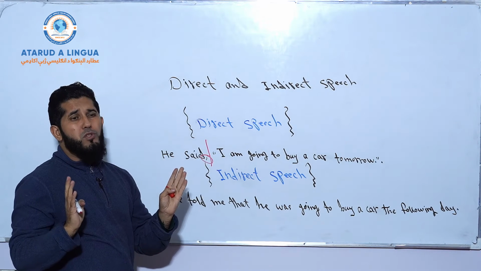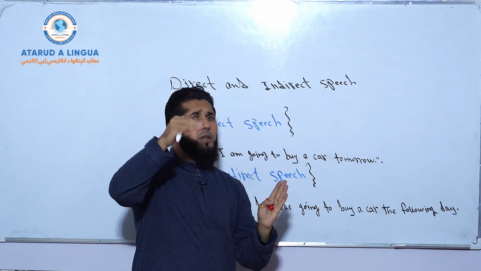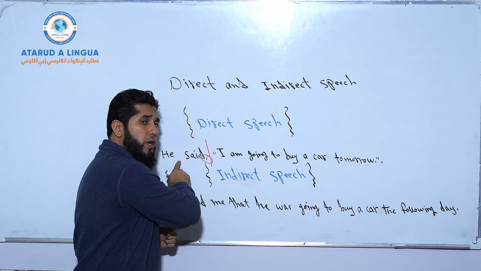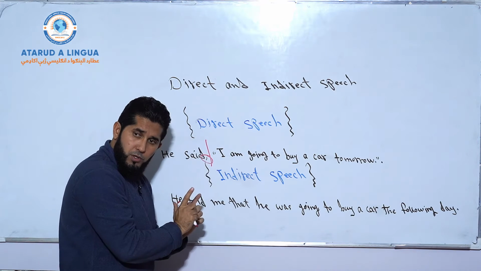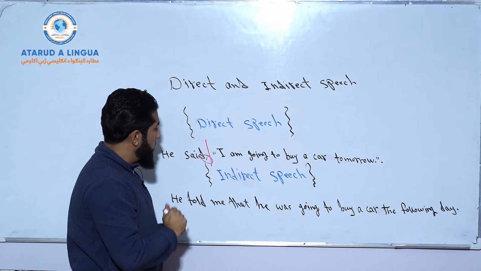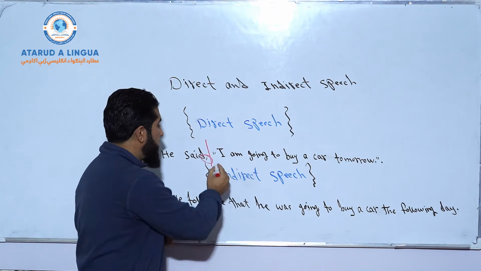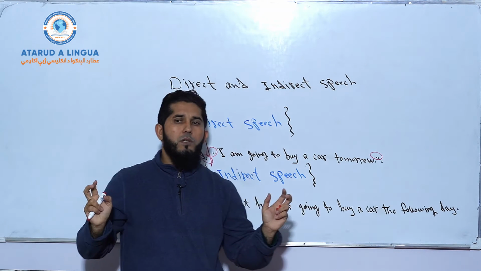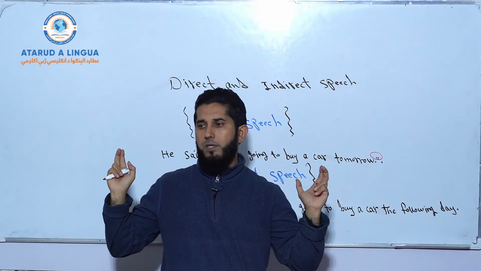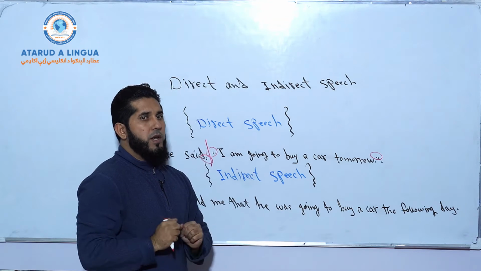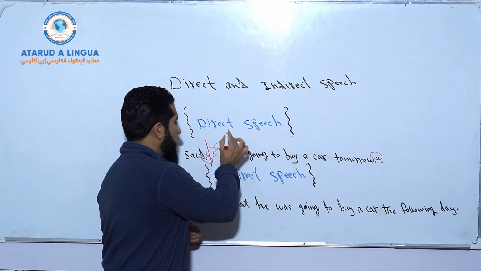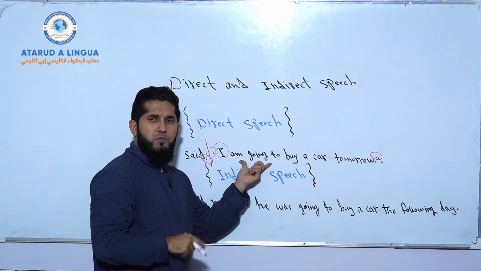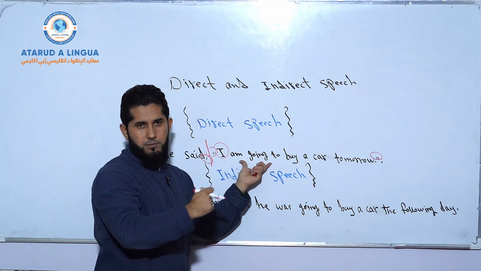Okay, a few rules, a few points to be kept in mind. Number one, you need a comma between the reporting and the reported speech. This is the first rule. Number two, the reported speech must be brought inside quotation marks, or inverted commas. Number three, the first word of your reported speech must always be capitalized.